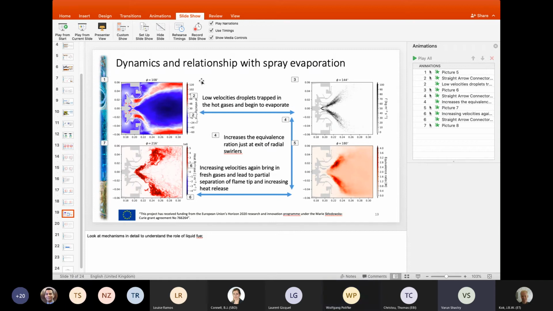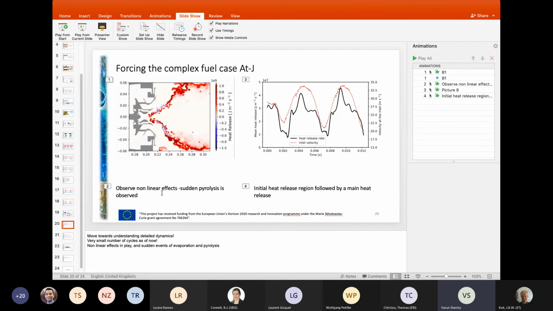So we have all this fresh fuel that is sitting. And when you have, again, an increase in mass flux through the radial swirlers is when you have this separation event and increase in heat release happening. And from this, we are trying to force this complex jet A fuel. I hope this video plays now. So we are observing these nonlinear effects where you have this initial increase in heat release, followed by a second staged increase in heat release.